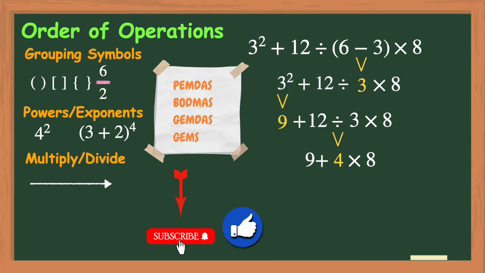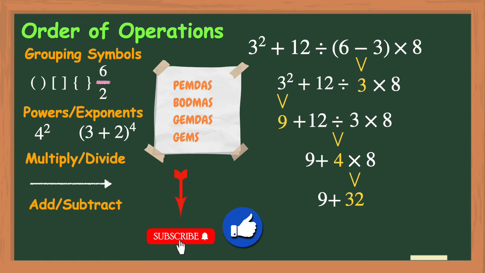Now let's get back to our expression, and I see that I still have multiplication left. So I will multiply 4 times 8 to get 32, and then I'll bring down the rest of the expression. The last step is to look for addition and subtraction. Again, if you follow the acronym, you would think that addition always comes before subtraction. And again, that's not always true.